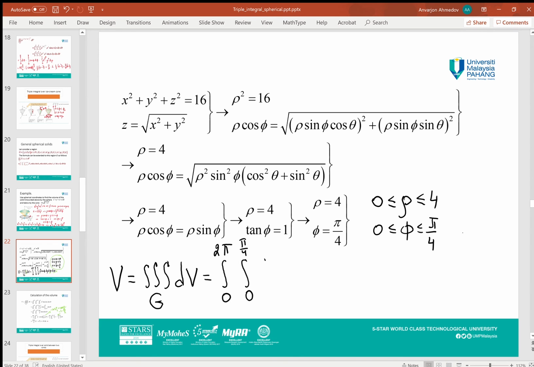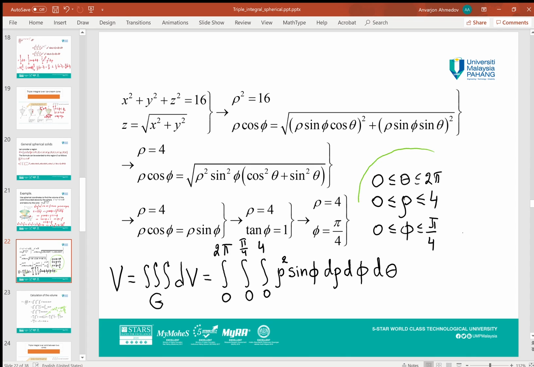First I write the limits for theta, which is 0 to pi, and after that the limits for phi, 0 to pi over 4, and rho from 0 to 4. Then I change the dV with the Jacobian times d rho, d phi, and d theta. So we have to calculate this triple integral, and the limits are found.